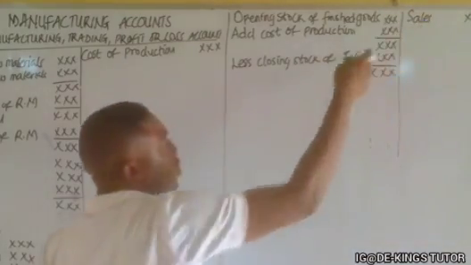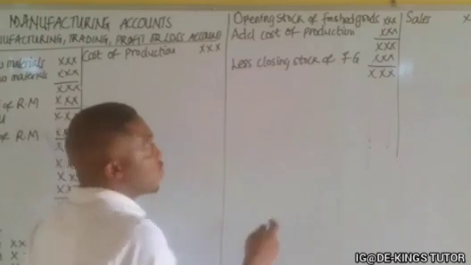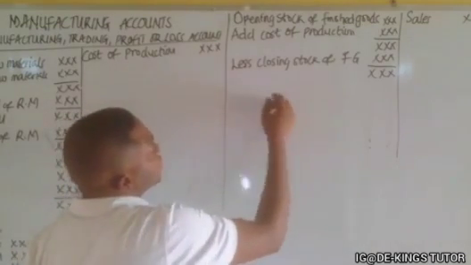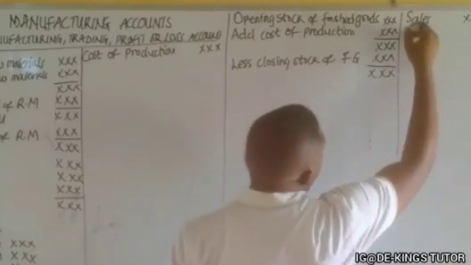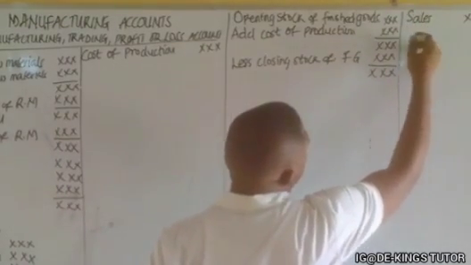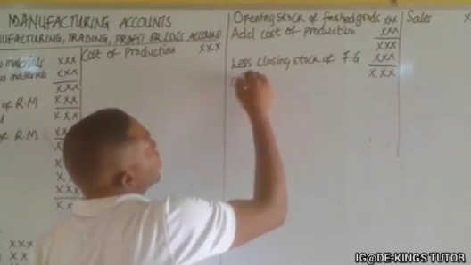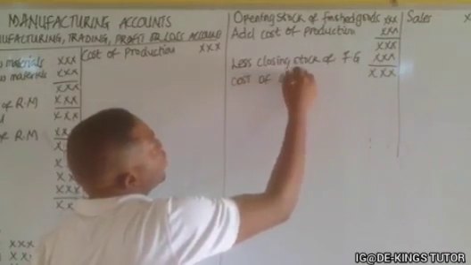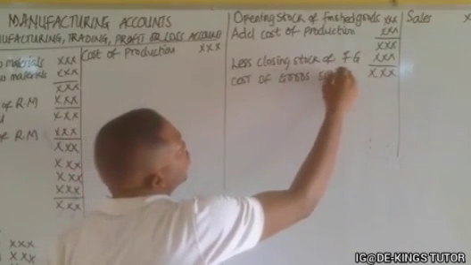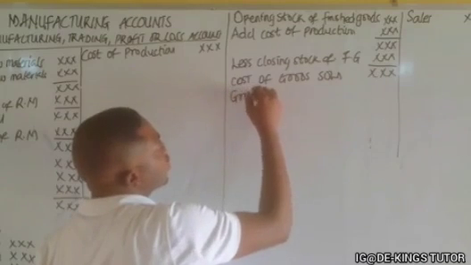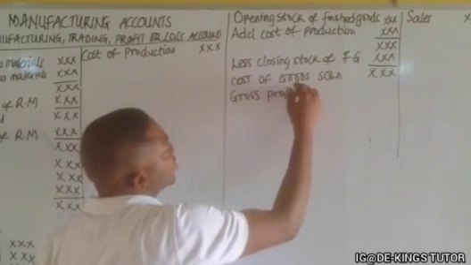If there is return inward, you also less it there. There is none. So the sales minus this is now cost of goods sold. So sales minus cost of goods sold will give us our gross profit.